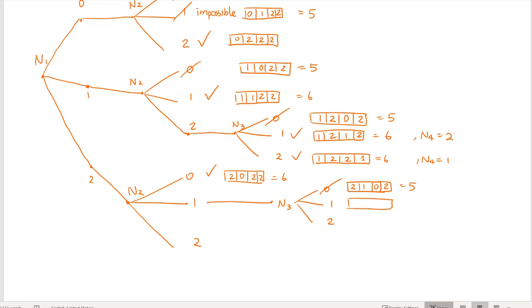And then here, 2, 1, 1. And this one must be 2. So N4 is 2, right? So this is possible. And here, 2, 1, 2. Then this one must be 1. So N4 is 1. So this is possible.